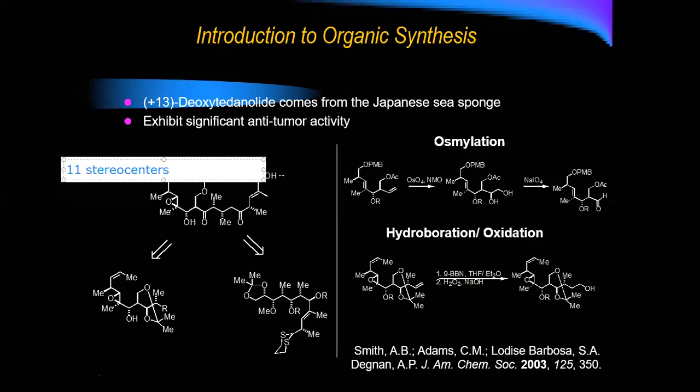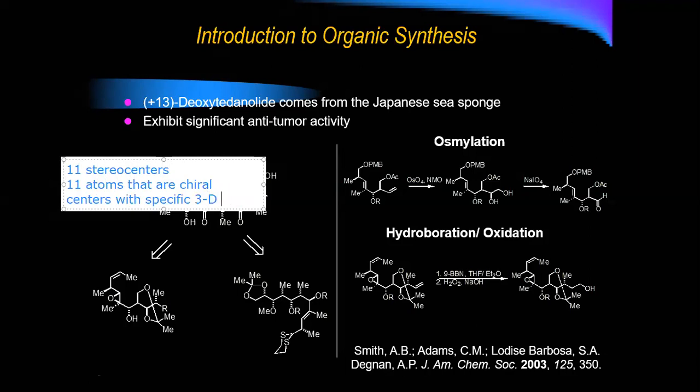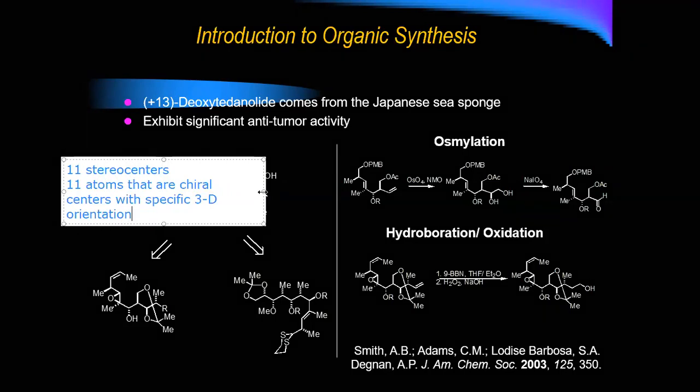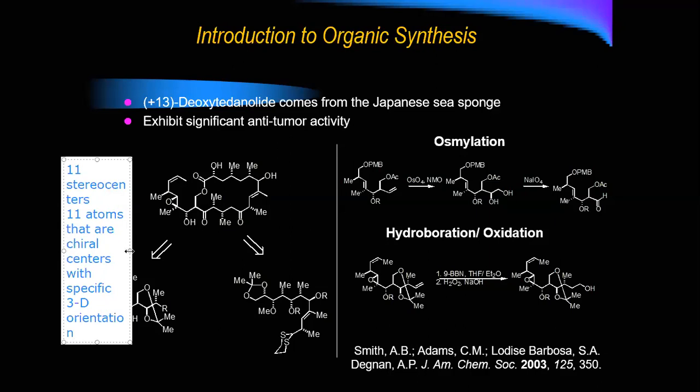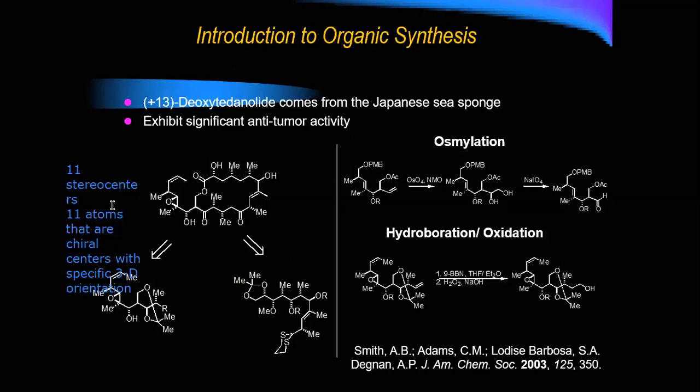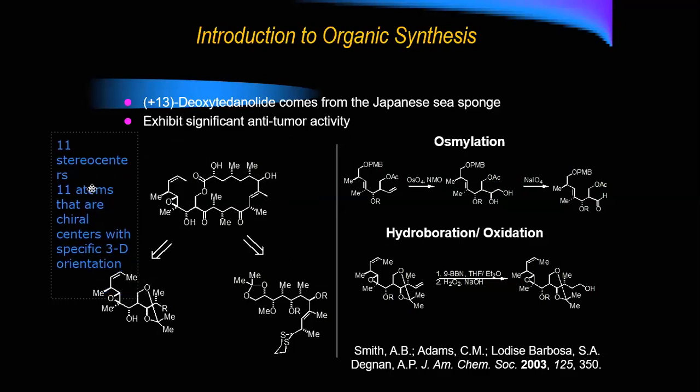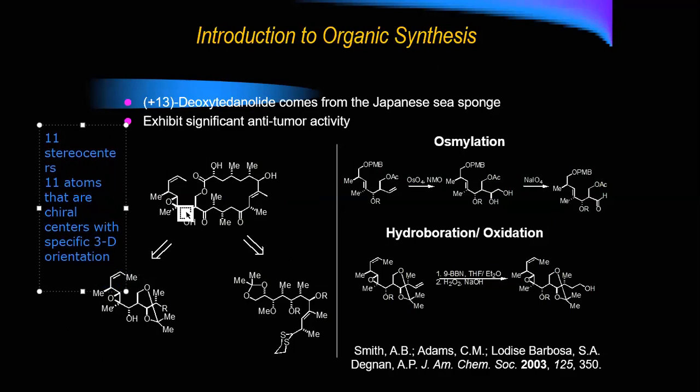What that means is that you have 11 atoms that are chiral, with a specific 3D orientation. Everywhere you see a wedge or a dash, we call that a stereo center.